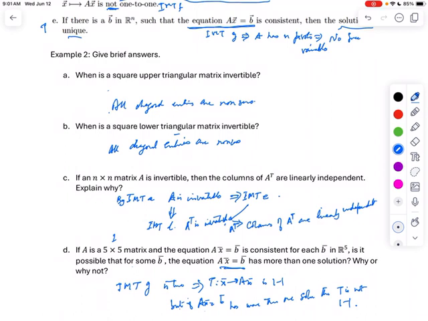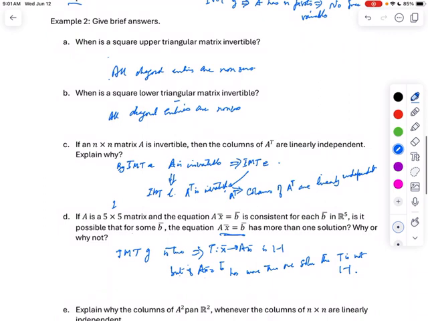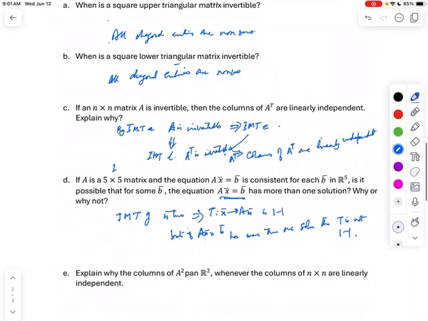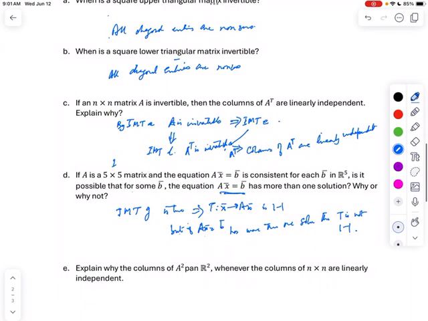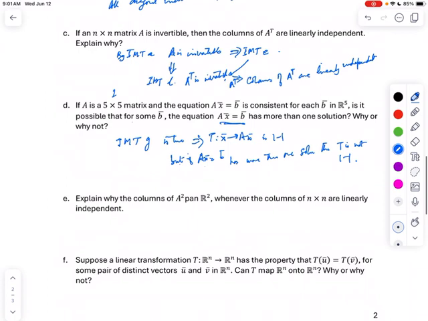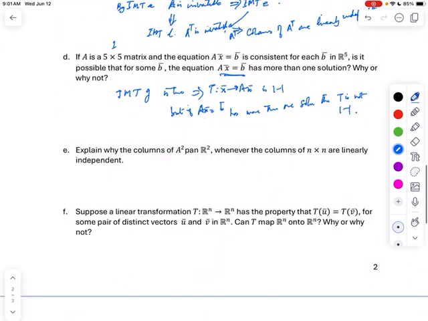Okay, so moving on. The next part is saying, explain why the columns of A square span R2, so there is an S missing here, whenever the columns of n by n A are linearly independent.